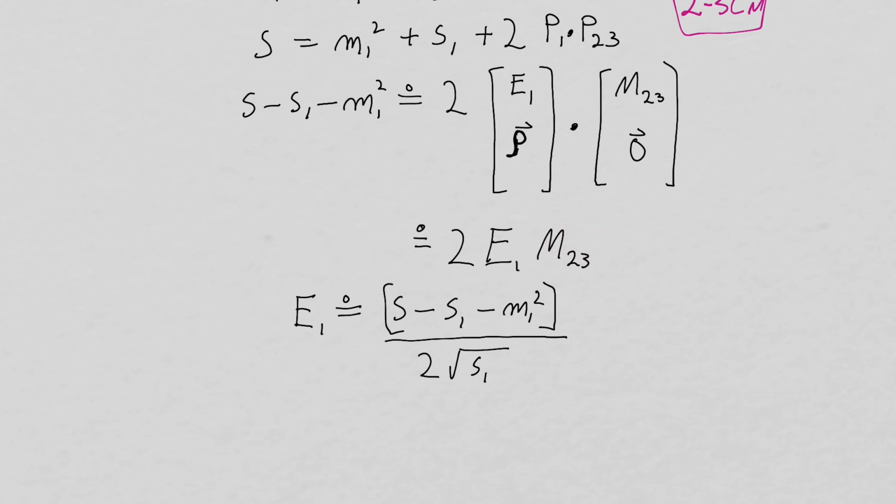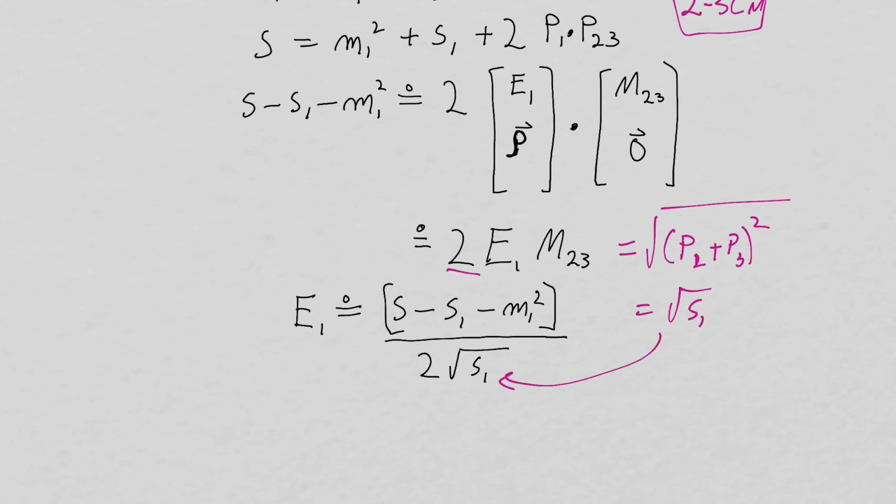But remember, the mass of 2,3 equals the square root of P2 plus P3 squared, which is equal to the square root of S1. So that's where the square root of S1 comes in.